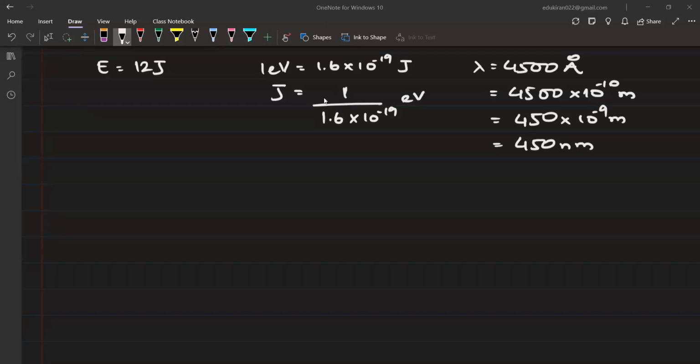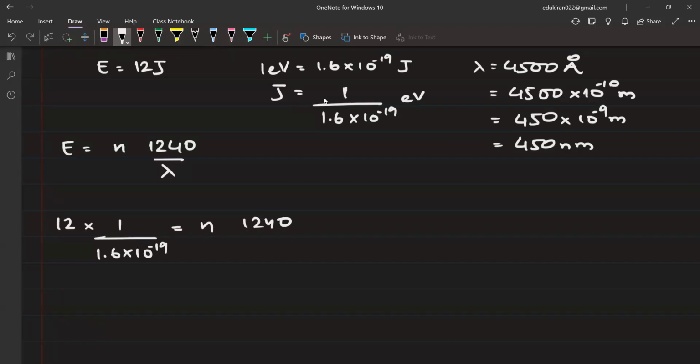Now, the equation will become what? E is equal to n into 1240 divided by lambda. E in electron volts, I will write 12. And instead of joules, I will write 1 upon 1.6 into 10 to the power minus 19. Right? This will be equal to n into 1240 divided by lambda.